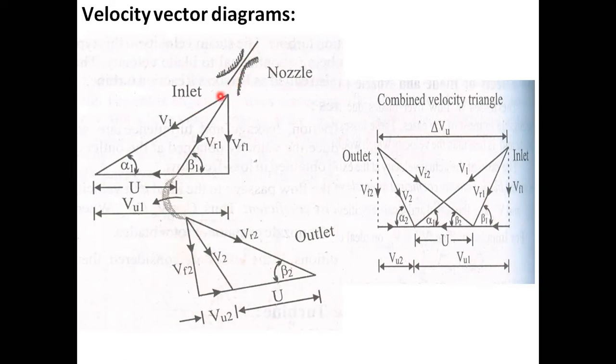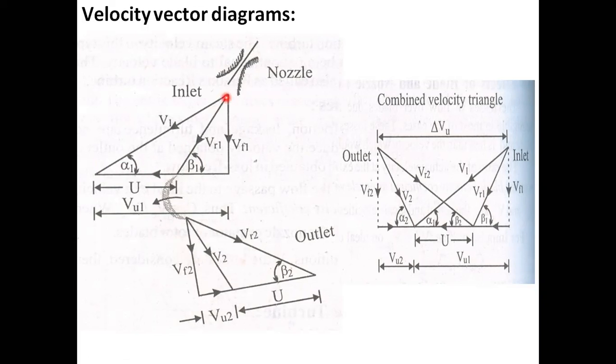This is the direction of the steam, and V1 is the absolute steam velocity. This steam direction makes an angle alpha 1 with the horizontal line. Have you understood or not? That angle is called the inlet steam angle, alpha 1.